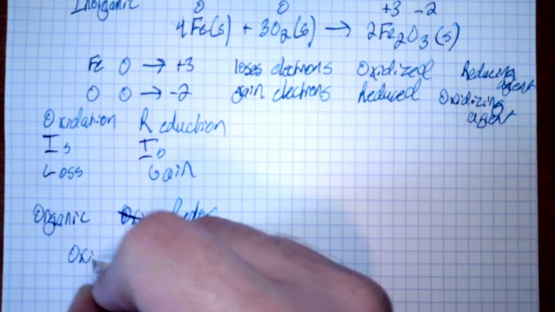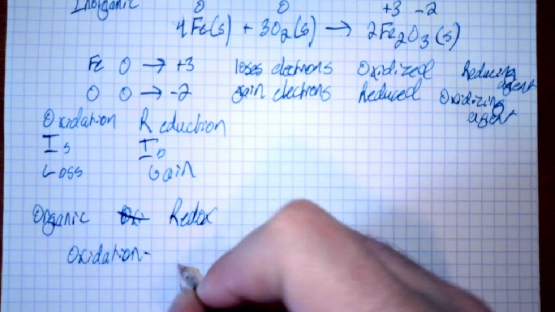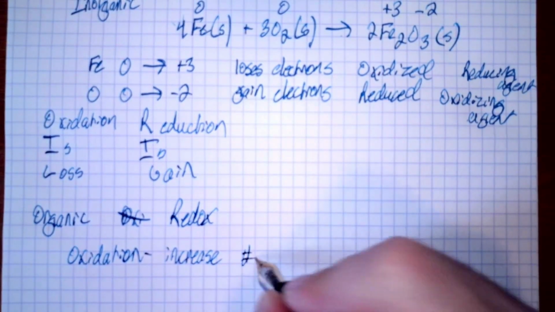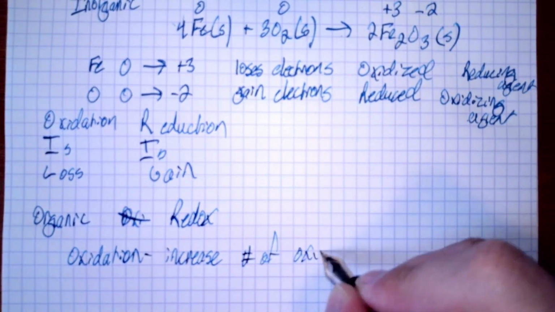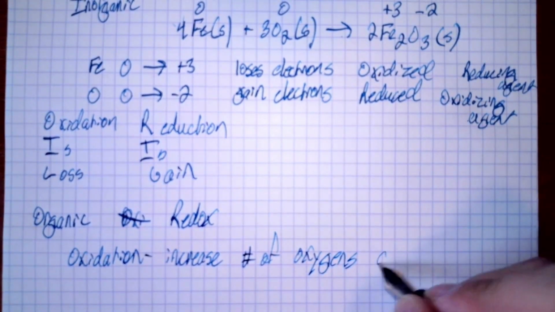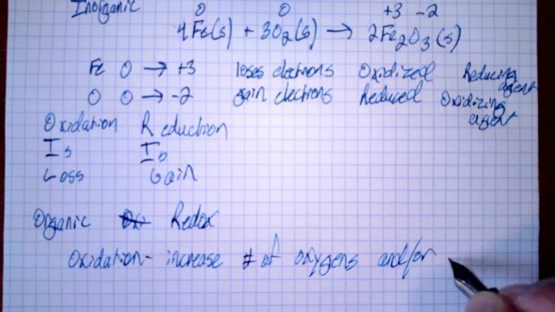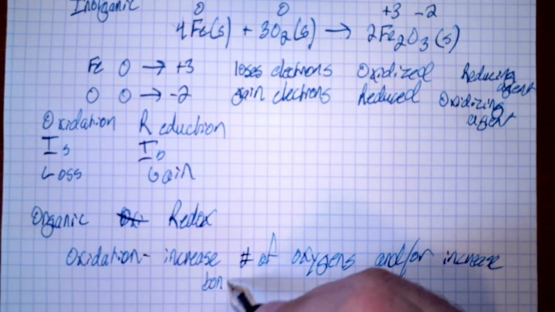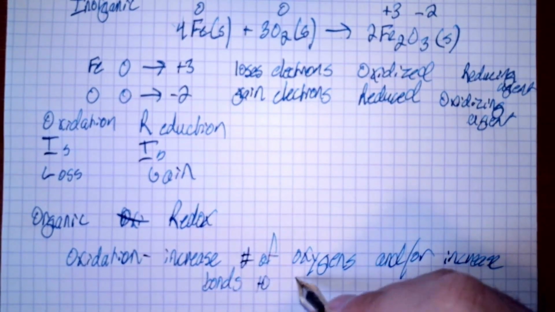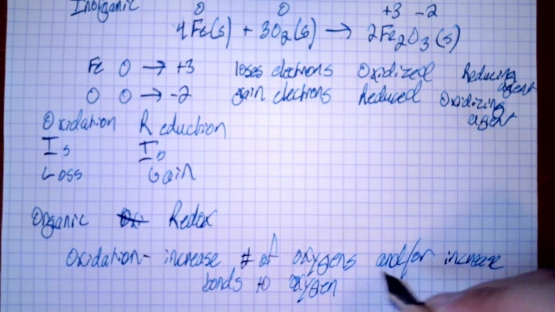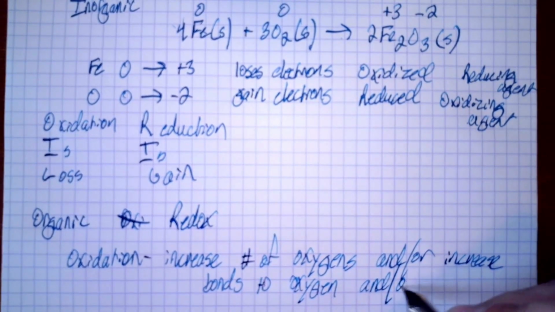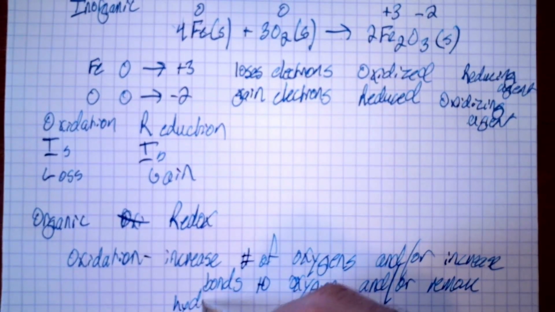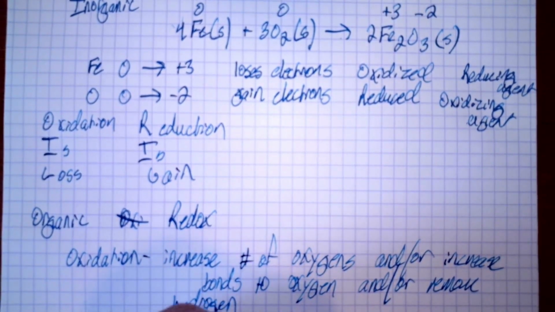In an organic oxidation, we increase our number of oxygens and/or increase bonds to oxygen and/or remove hydrogen. Right, what do I mean by that?